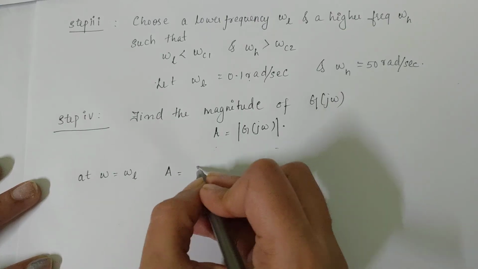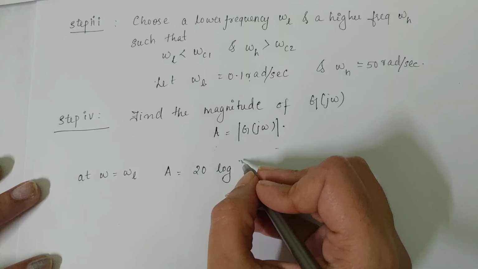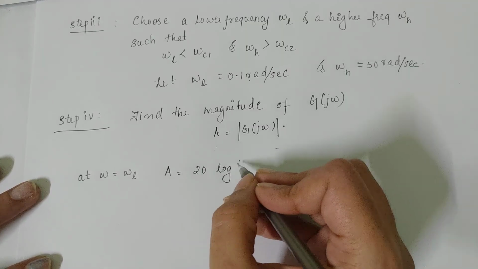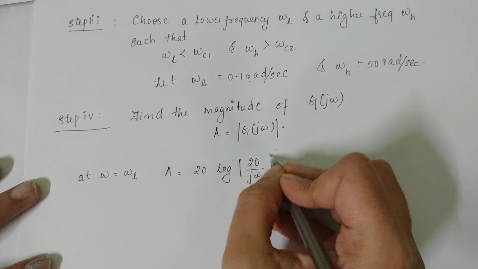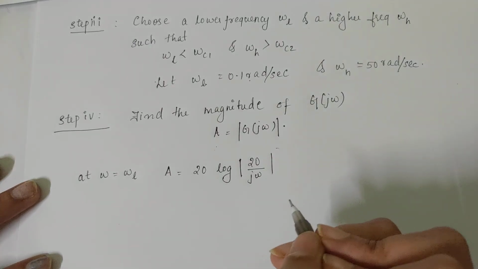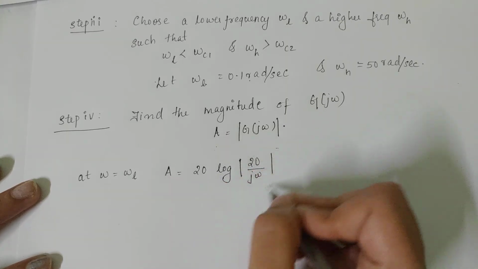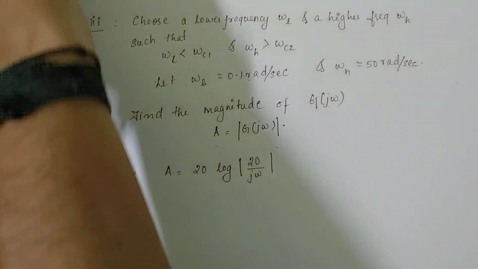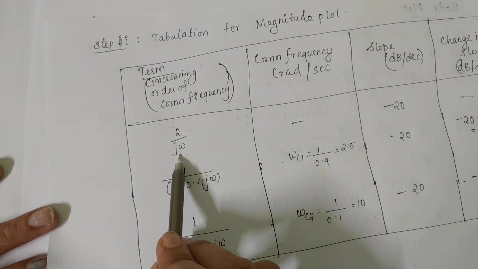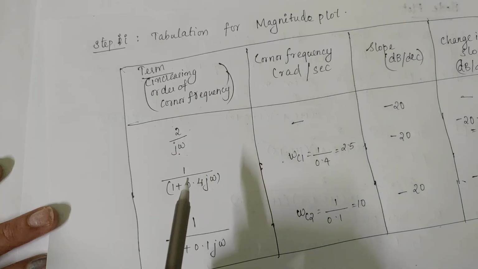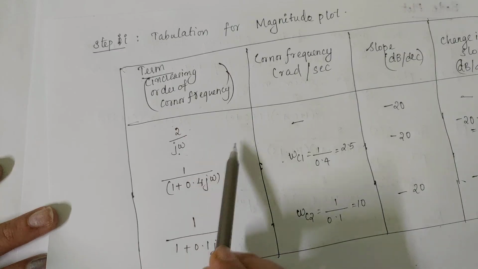A is given by 20 log first term. Okay, mod of first term. So, here first term is 20 by j omega. Okay, always take A is equal to 20 log first term. According to our table, if there is only a constant, then 20 log constant.